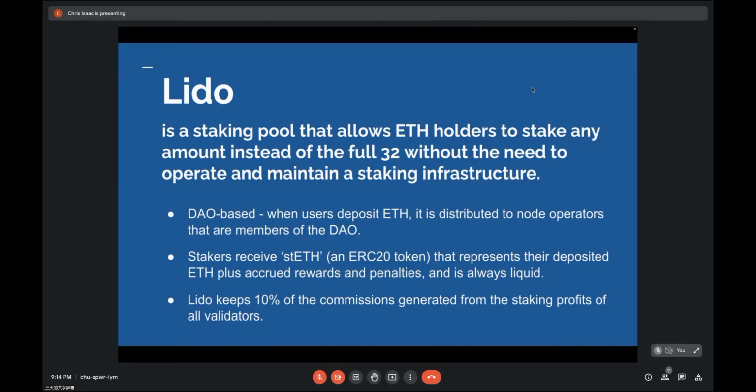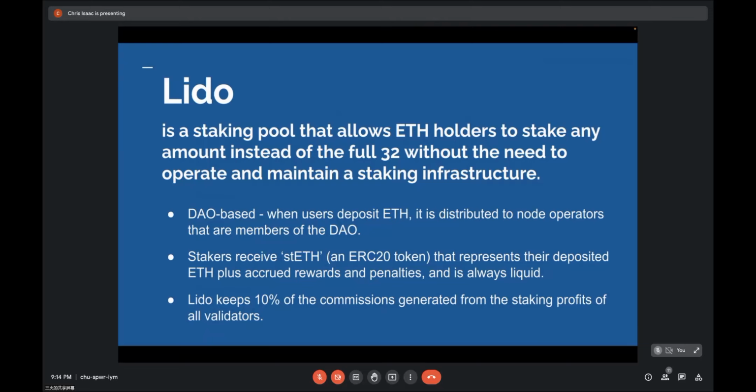So that kind of thing comes into play with regard to how many are actually out there operating validators. In this case, stakers receive staked ETH, which is an ERC20 token representing their deposit and any rewards and penalties that their validator incurs.